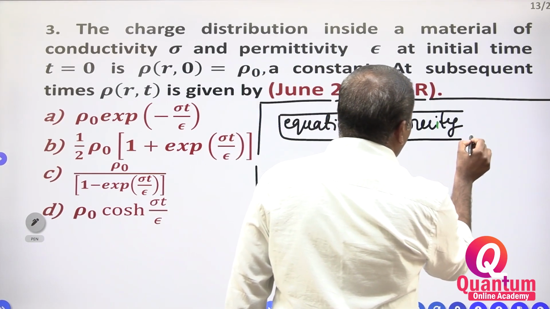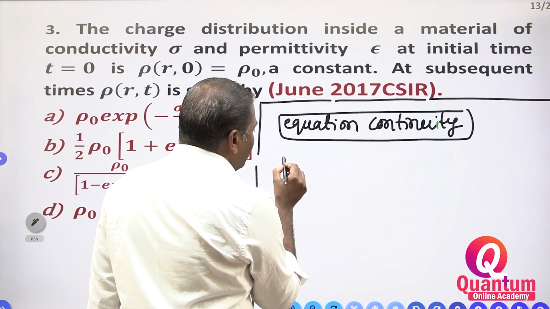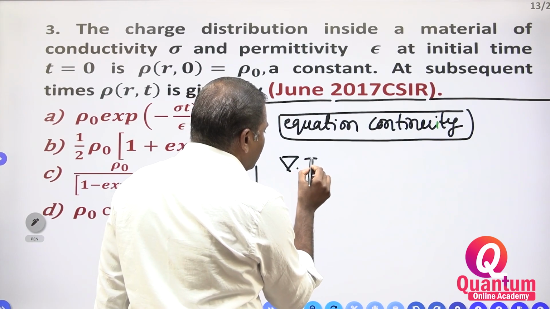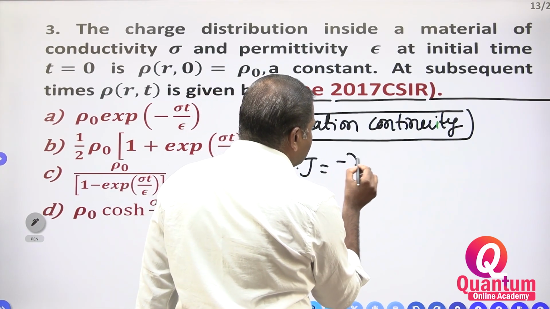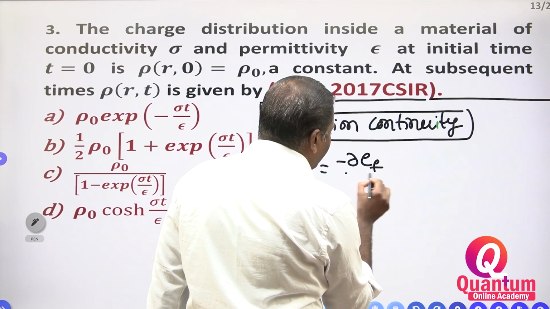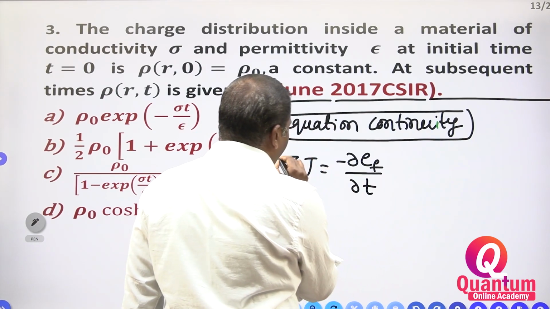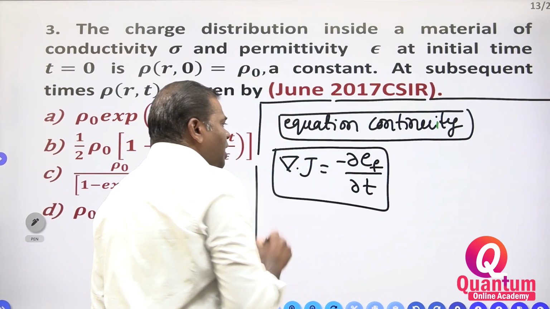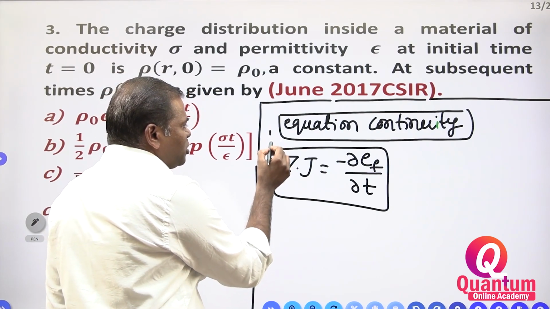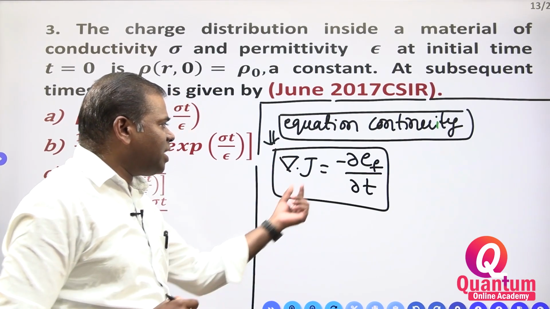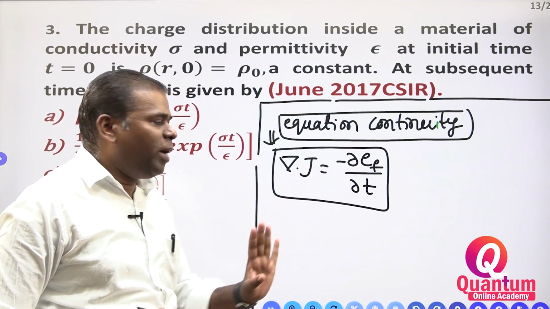From the equation of continuity, del dot J is equal to minus dou rho f by dou t. This is the equation of continuity principle.